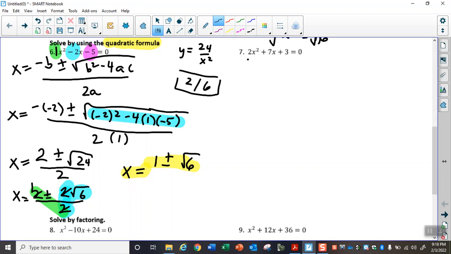All right, I've got a is 2, b is 7, and c is 3. So I'm going to substitute in here. I'm going to say x equals the opposite of b, so negative 7, plus or minus the square root of b squared, so that's 7 squared.